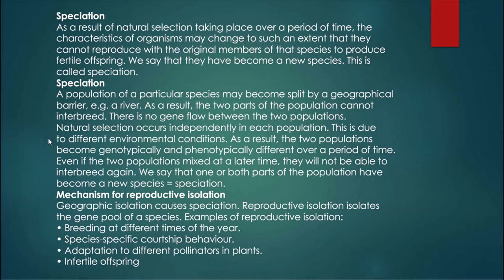This is due to different environmental conditions. As a result, the two populations become genotypically and phenotypically different over a period of time. Even if the two populations are mixed at a later time, they will not be able to interbreed again. We say that one or both parts of the population have become new species.